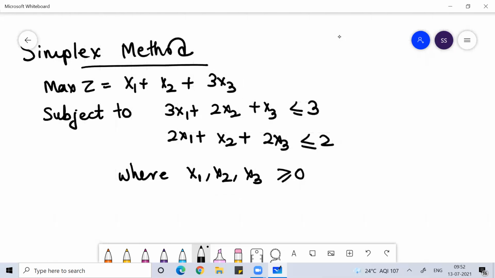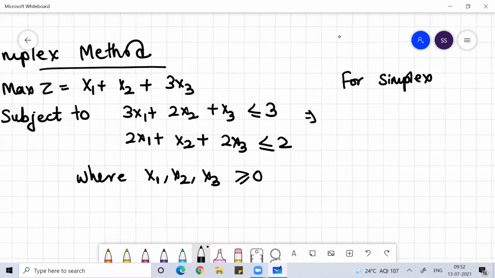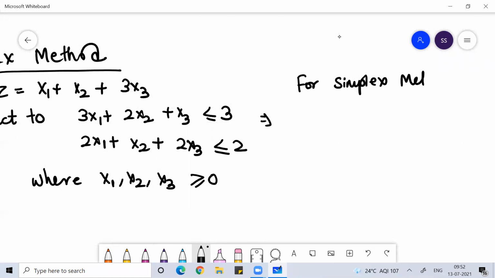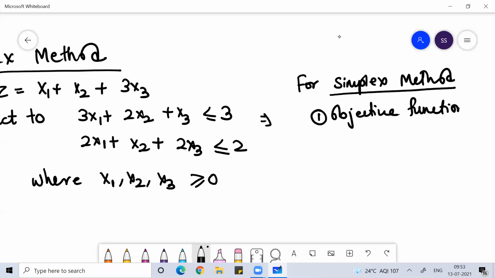For the simplex method to work, please remember that when we are trying to solve the problem by simplex method, the objective function must be maximization. Your objective function must be maximization.